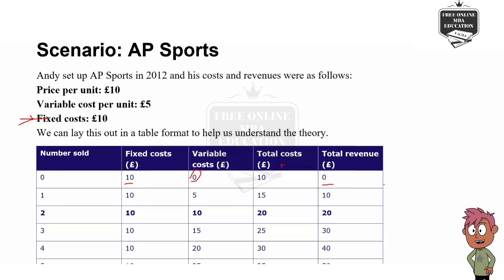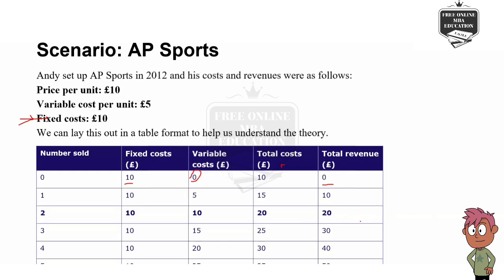Now, in the second unit that he sold, he had a fixed cost of 10, variable cost of 5 multiplied by 2, which is again 10, and total cost of 2 multiplied by 10, which is again 20. So your total revenue is 20, and your total cost is also 10 plus 10, which is 20.